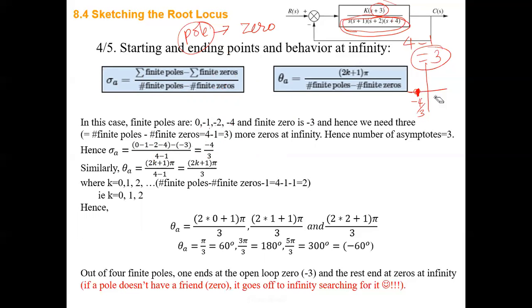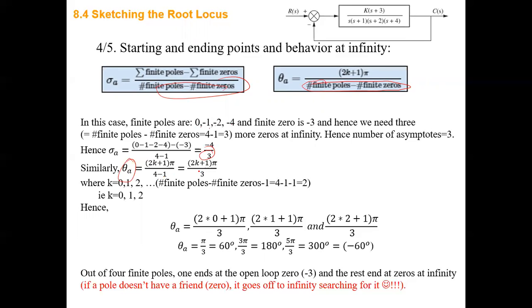Now let's do theta A. What are the 3 angles for those 3 asymptotes? Theta A equals, the bottom is the same as before, which is 3. How about the top? You have 3, so k equals 0, 1, and 2.